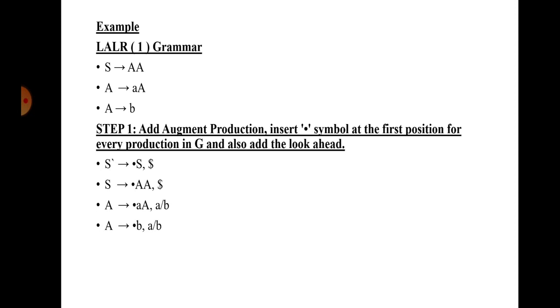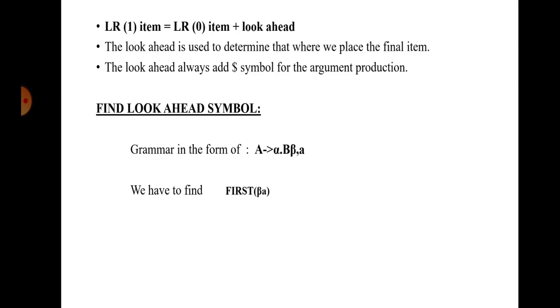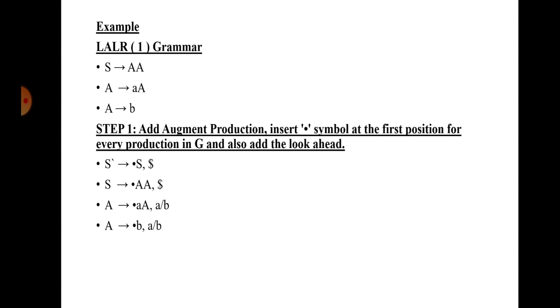After that we have to find the look ahead symbol for capital A. Capital A is derived from the above production, S tends to dot AA. So we compare S tends to dot AA comma dollar with A tends to alpha dot B beta comma a. Here, in the second production, beta is capital A. So first of A dollar is equal to first of capital A, because A is a non-terminal symbol.